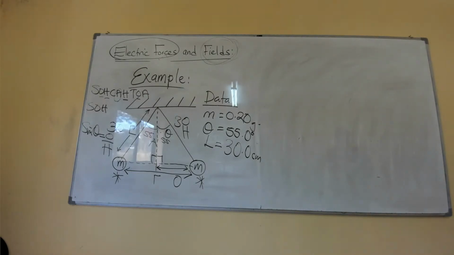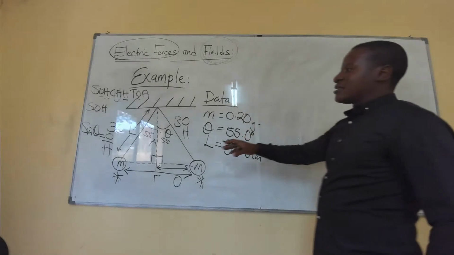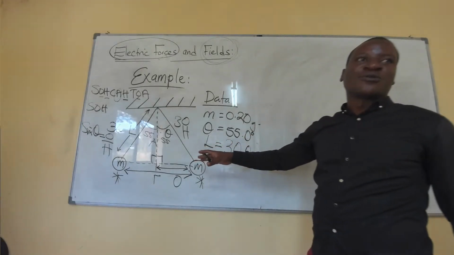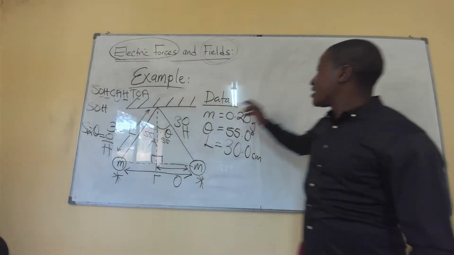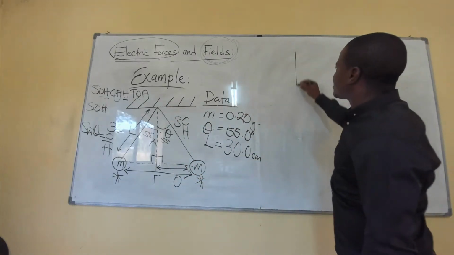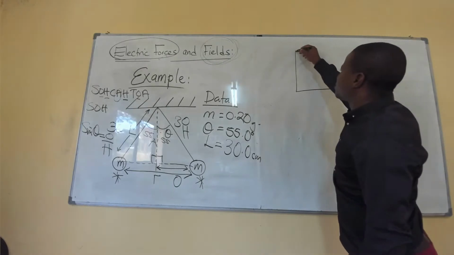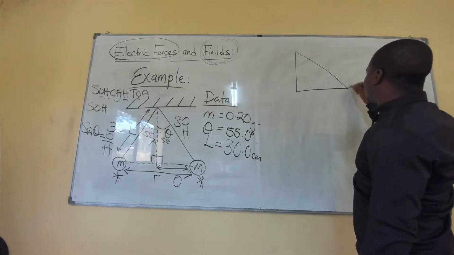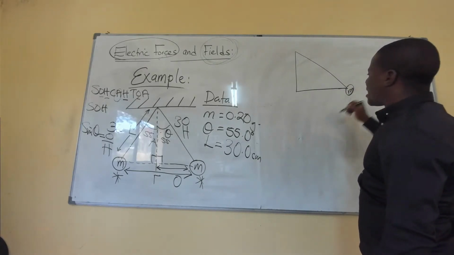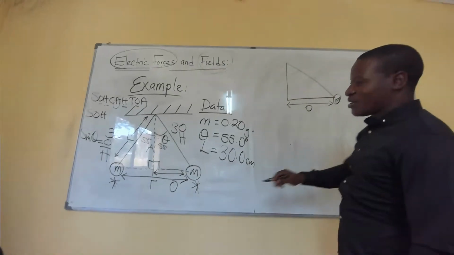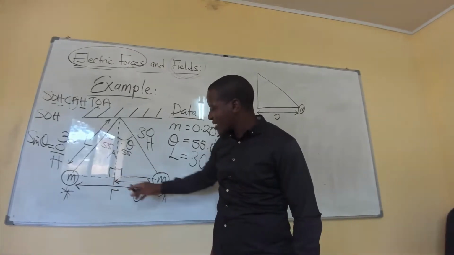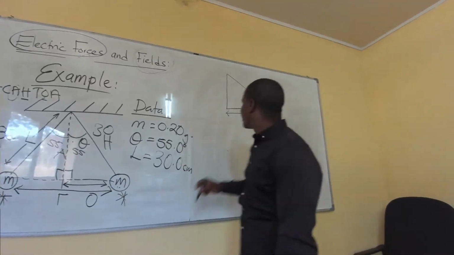Right. So for the sake of those that are not following well, I'll pick this triangle from the diagram so that we are able to see what we are doing. This is where we have our mass. This is our opposite, what we are looking for, the distance from the center to where we have this mass.